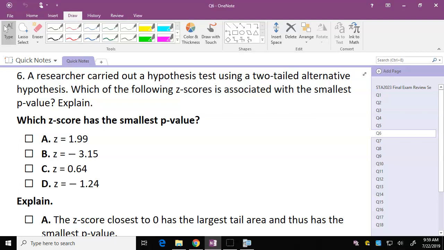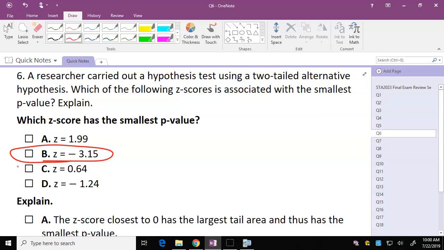It's going to be B. This is the highest value right there. 3.15. Don't worry about the negative sign. That just means we're down on the negative side. But the highest value up here is B. That is the biggest z-score that we have. That will produce the smallest value for us for the p-value.